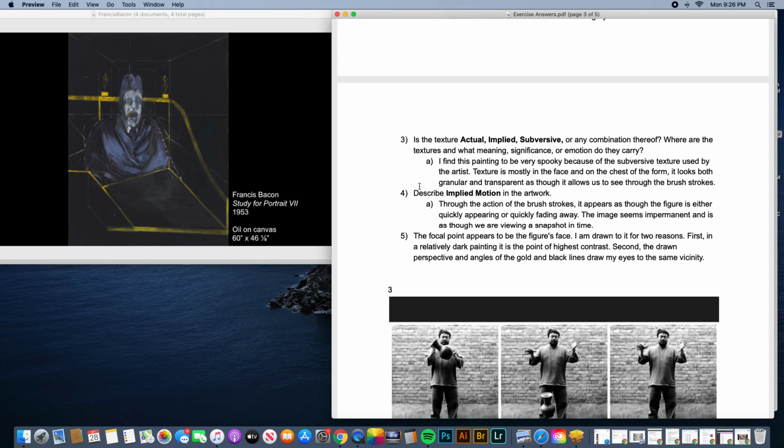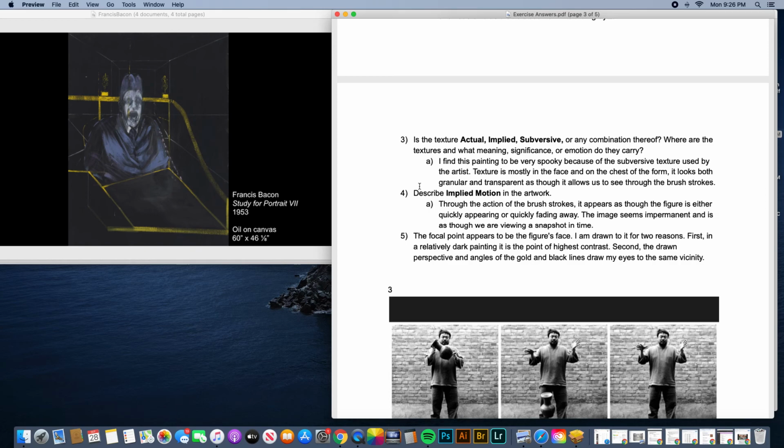Describe implied motion in the artwork. Through the action of the brush strokes, it appears as though the figure is either quickly appearing or quickly fading away. The image seems impermanent and is as though we are viewing a snapshot in time.